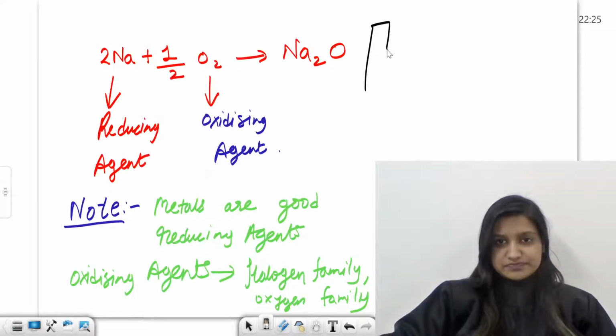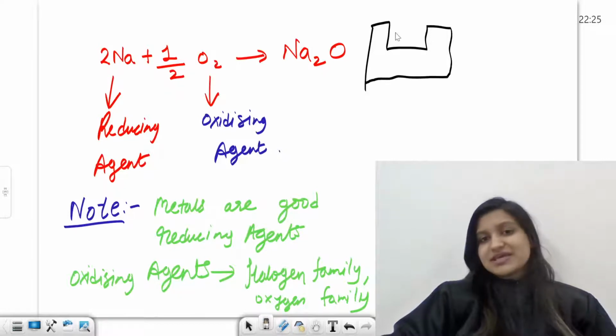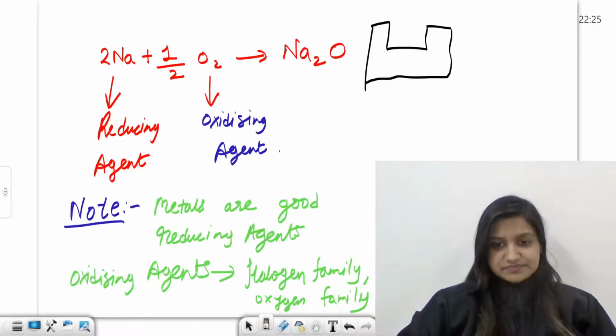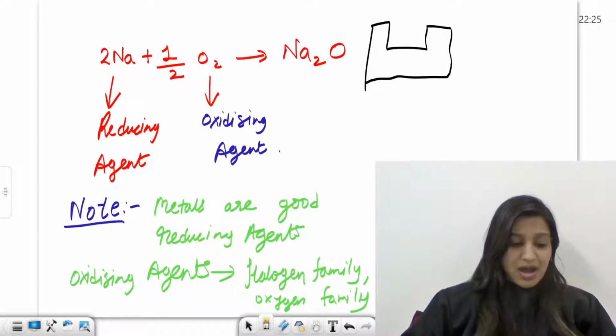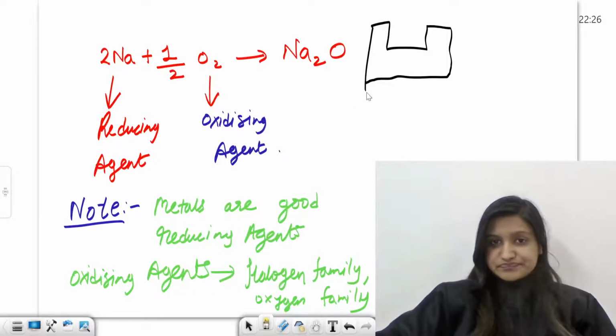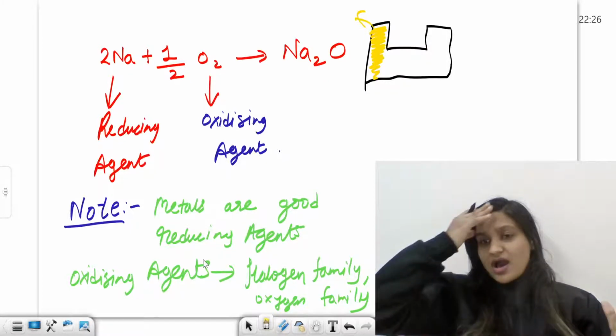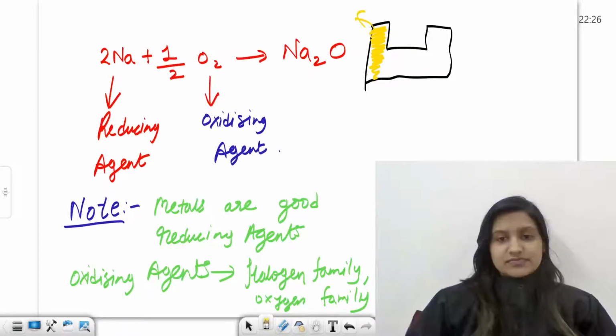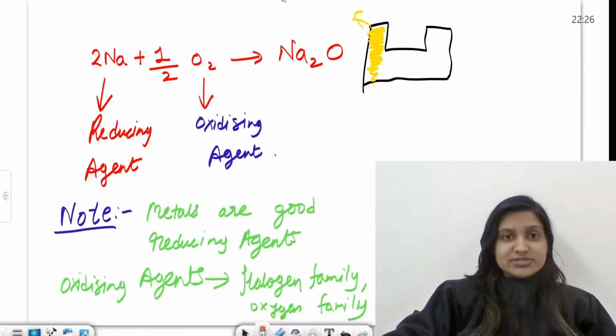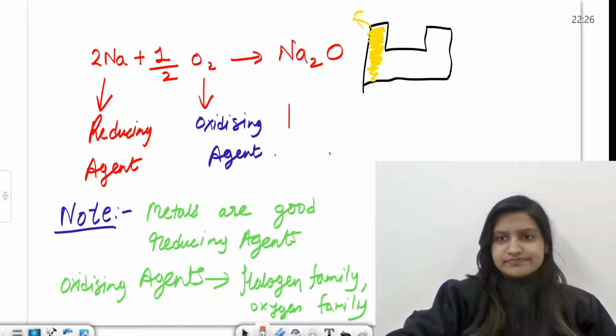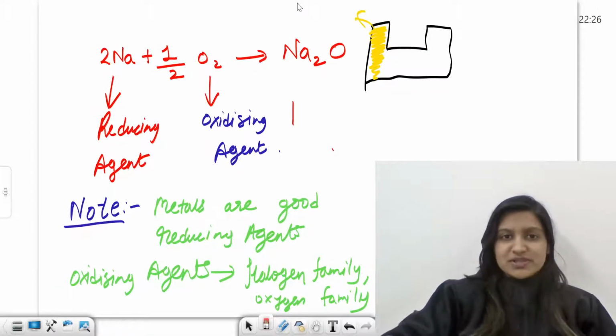If you look through the periodic table, the ones at the leftmost side, at the left, these will be good reducing agents.